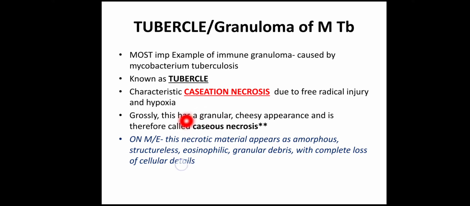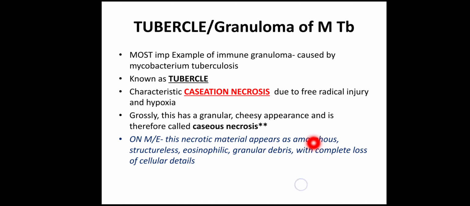Grossly, this caseation necrosis has a granular and cheesy appearance, that's why it is called caseous. On microscopic examination, this necrotic material will appear amorphous, meaning it has no structure, eosinophilic, that is pink colored, and granular, with complete loss of cellular details.